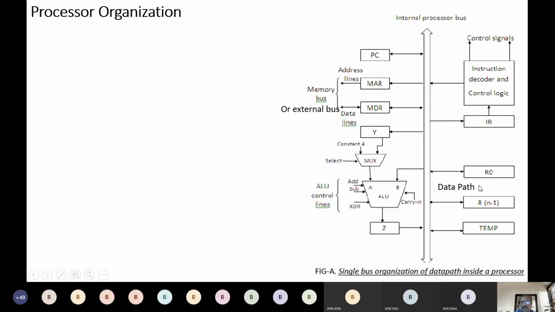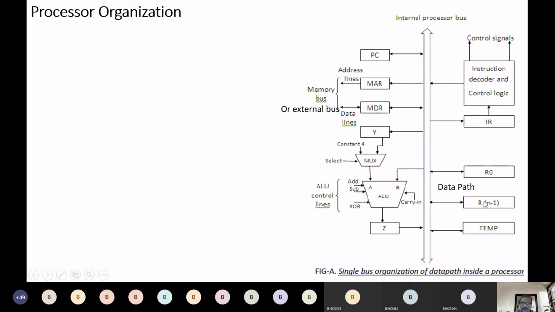As you remember, it is from 16 to 64. There may be 16 registers in one computer, maybe a power of two, so in some computers there may be 32 registers, or 64 registers, or in future maybe 128 registers. If there are 16 registers, there will be R0, R1, R2, and so on up to R15.